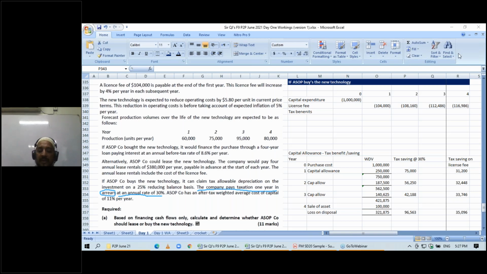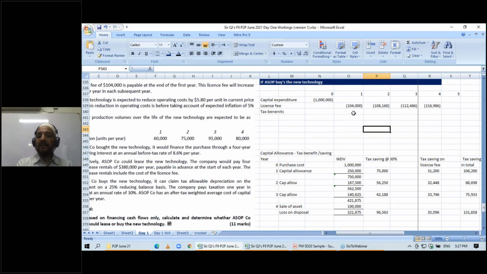So that's why the project is for 4 years, but the years which I have made in the pro forma are 5. The reason is that the first year's tax will be paid in the second year, so the tax saving will occur in the second year.